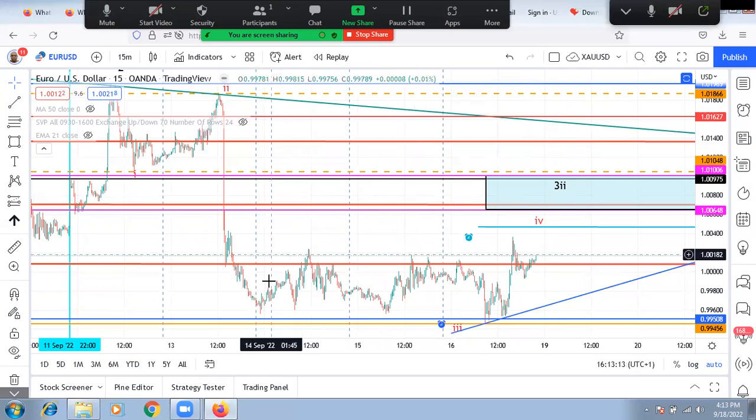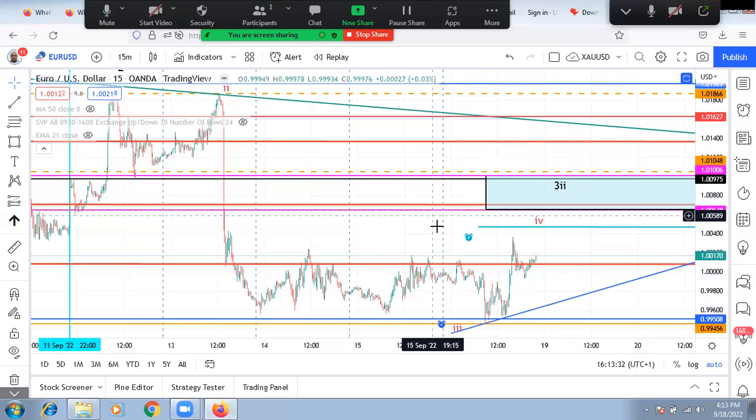So this is like a 3-2, 3-1 that is not completed yet. But nevertheless, you can still put an entry here, because the 4th wave will not do more than 50 here. So if we are drawn in, good, we will sell with the price to finish with 5.